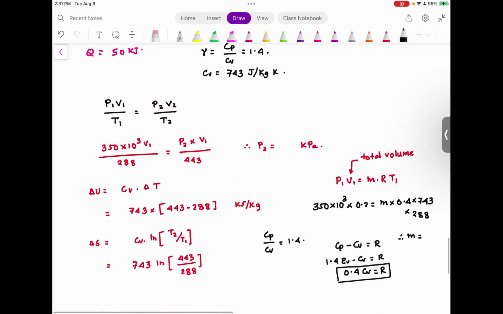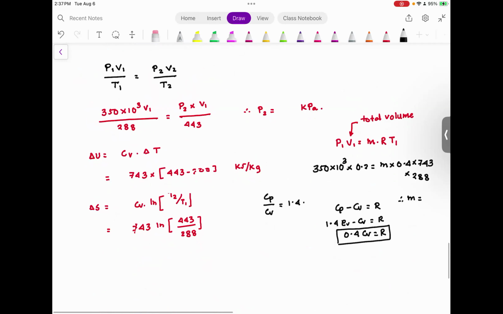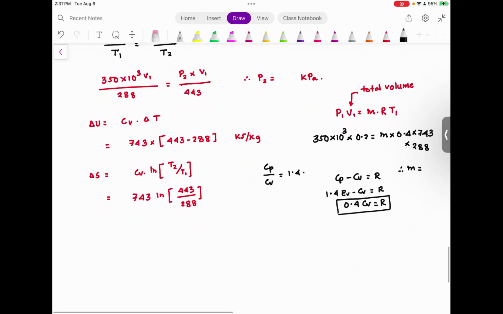Okay. Next problem. Problem 4.4. Any questions on these problems? Okay. Now, if you look at this, this is kilojoules per kg. So this is the specific internal energy.